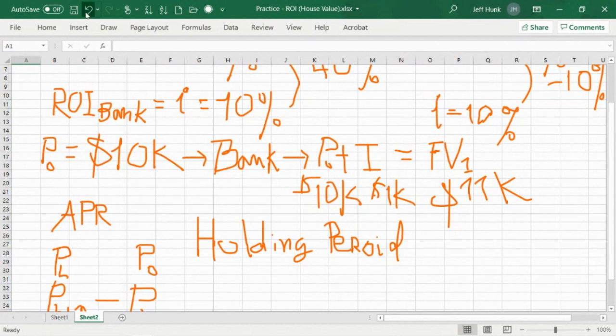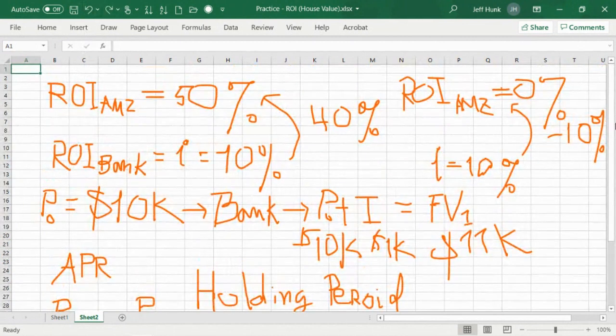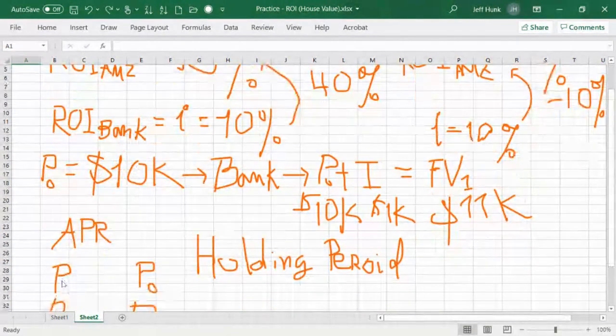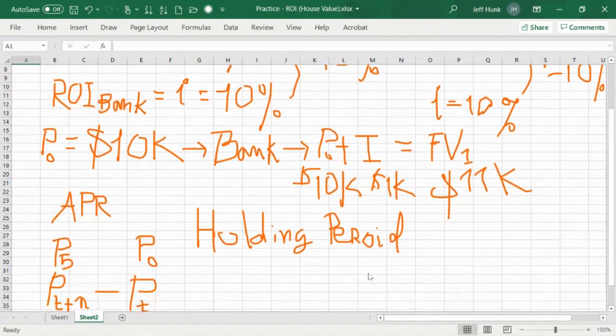P5, a subscript. It should be a smaller font, but since I'm using the mouse to draw it, that's the best I can do. So P0 is $100. P5 is what then?